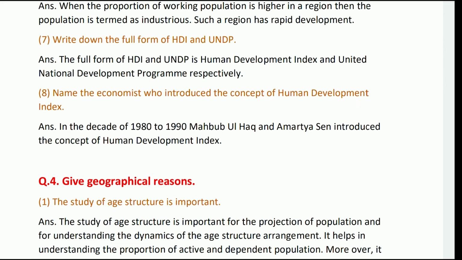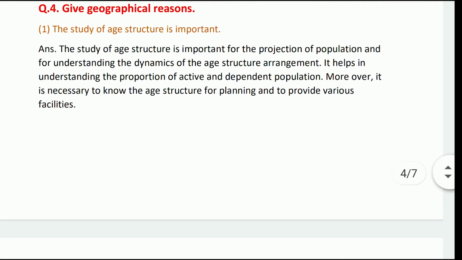The full form of HDI and UNDP is Human Development Index and United Nations Development Programme respectively. Name the economists who introduced the concept of Human Development Index in the decade of 1980 to 1990. Mahbub ul Haq and Amartya Sen introduced the concept of Human Development Index.